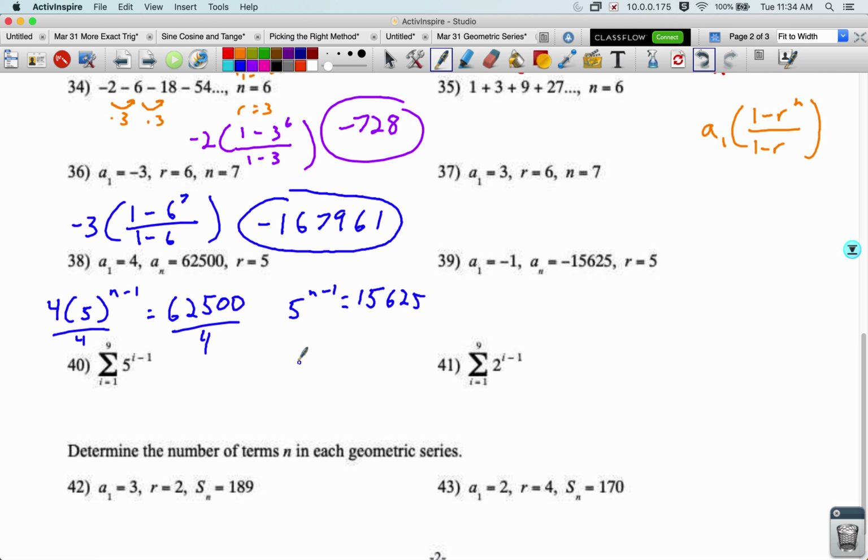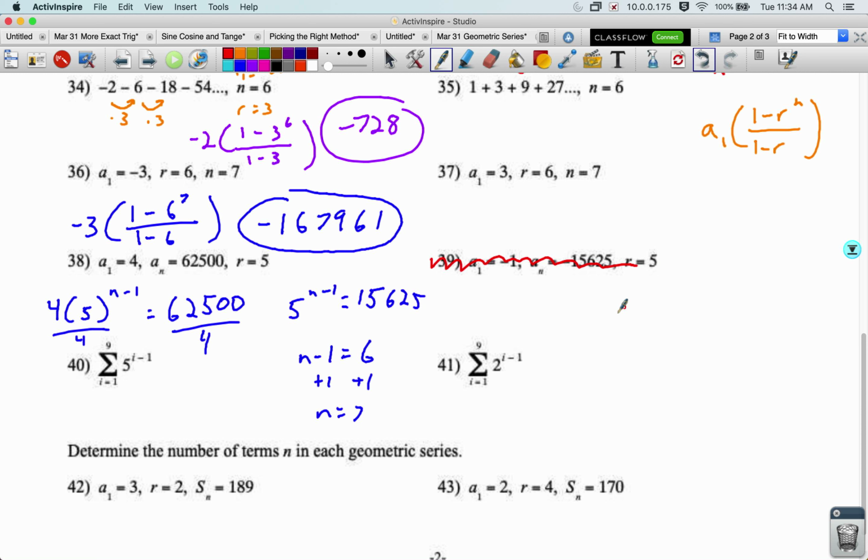So n minus 1 has to equal 6. Add 1 to both sides, and I get n equals 7. Now you can double check this. 5 to the 7 minus 1 is 5 to the 6th, does equal this. Okay, now that I've got n, I've got to plug it into my formula.